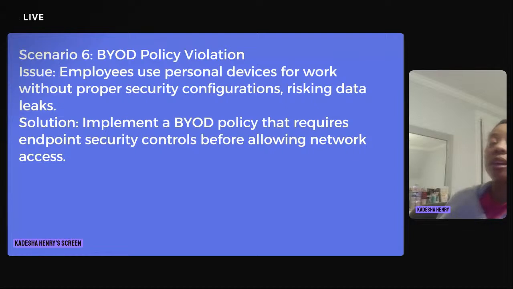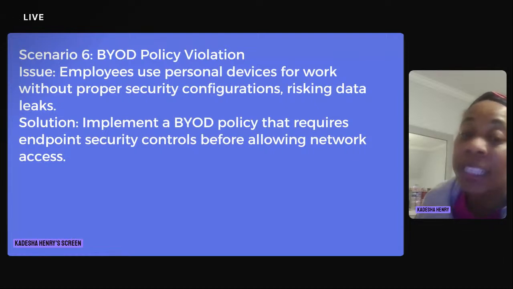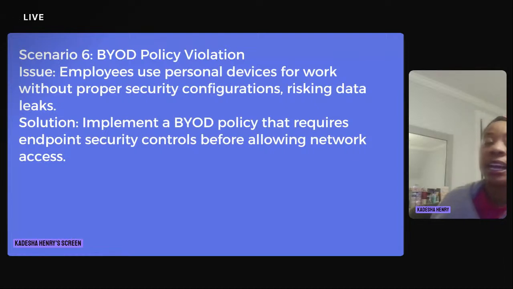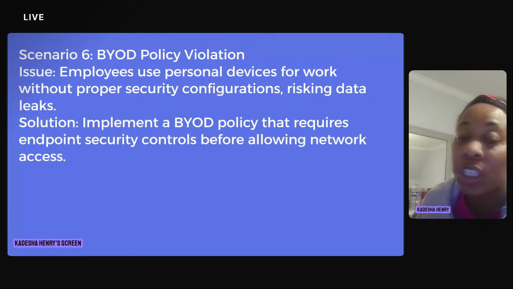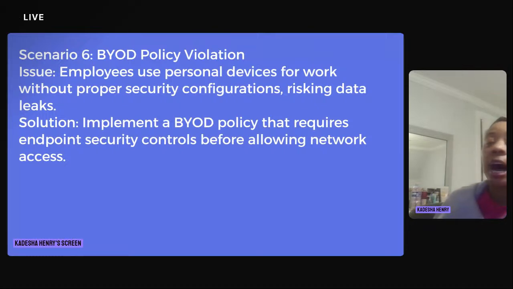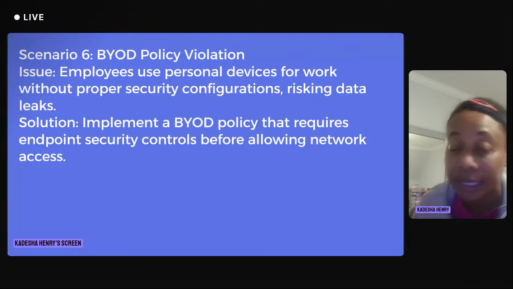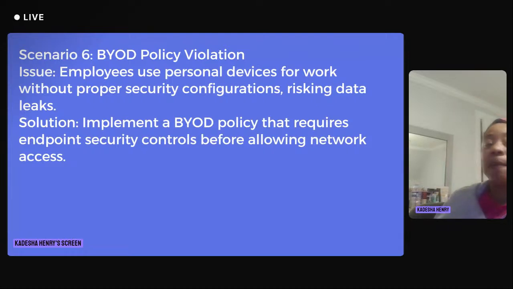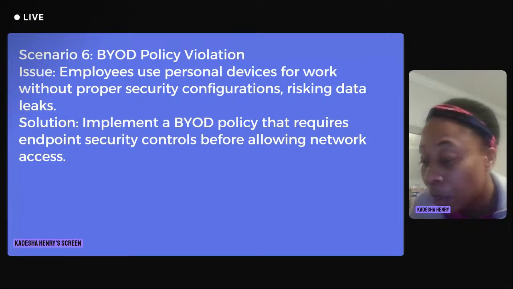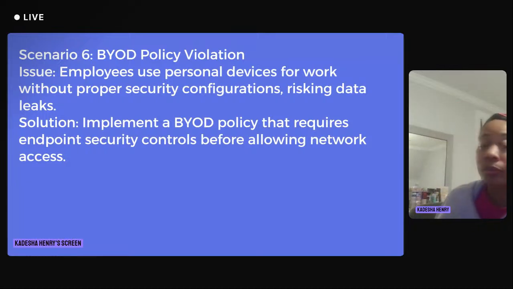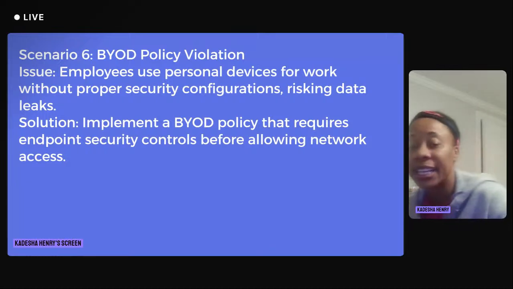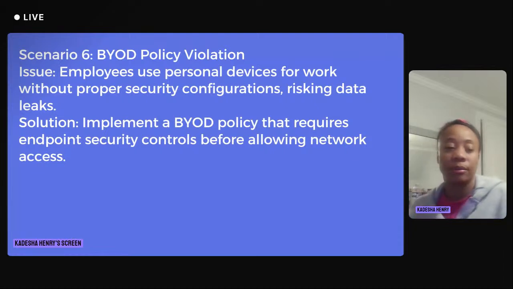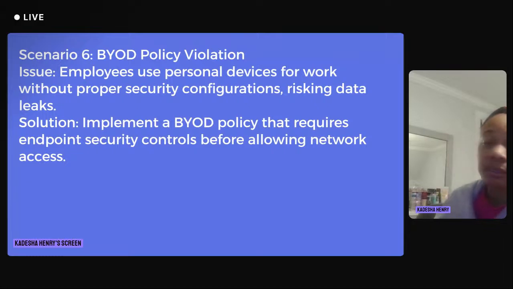So one of the things they can do is implement a bring your own device policy that requires endpoint security controls before allowing network access. So what endpoint security can they implement on this device to ensure that data is not leaked? It's very important, right?